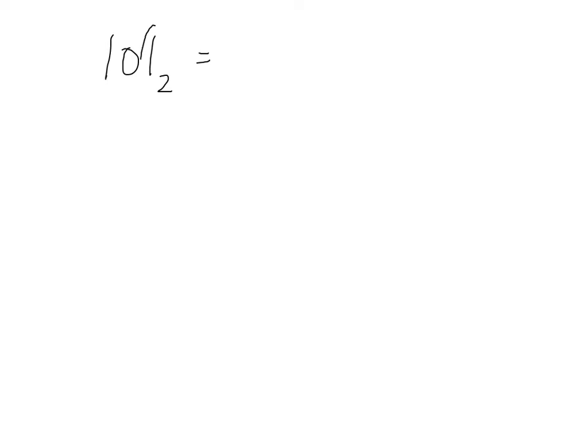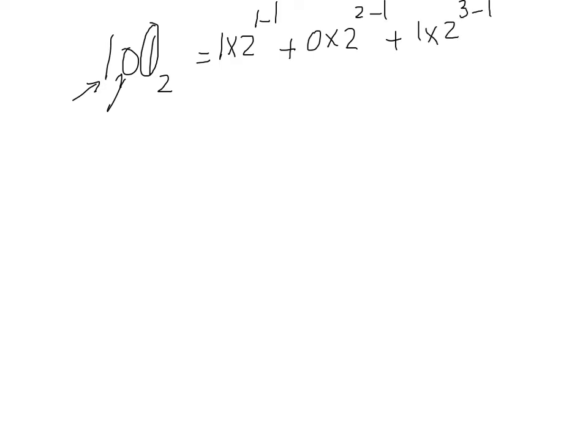101: this 1 is in position 1, so it becomes 1 times 2 exponent 1 minus 1, plus. This 0 is position 2, so it's going to be 0 times 2 exponent 2 minus 1, plus. This 1 is position 3, so it's going to be 1 times 2 exponent 3 minus 1.